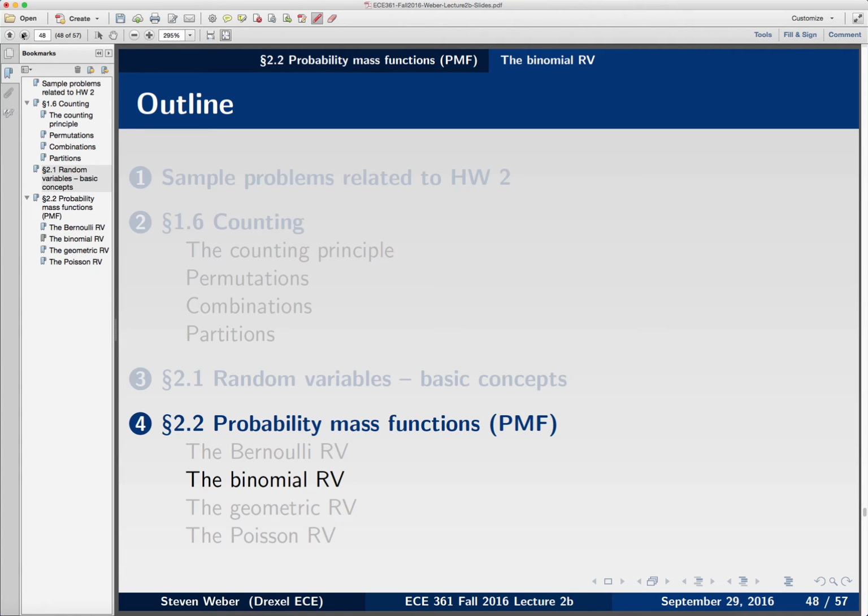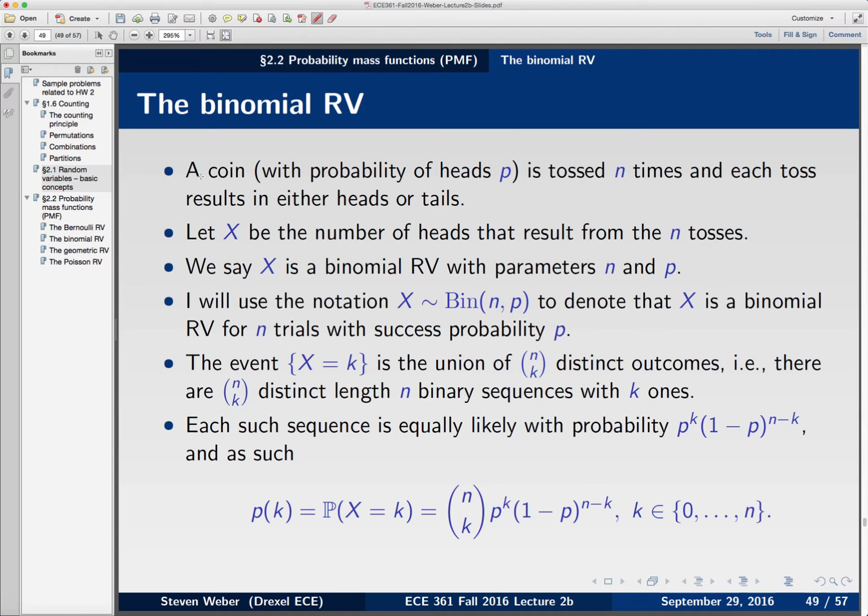Next, let's talk about the binomial random variable. Let's again suppose that a coin with probability of heads p is tossed n times in a row, and each toss results in either heads or tails. I define the random variable x to be the number of heads that result from those n tosses. This is a basic concept in many real phenomena. I have a notion of a random trial that will result in either success or failure, and I repeat that trial n times.